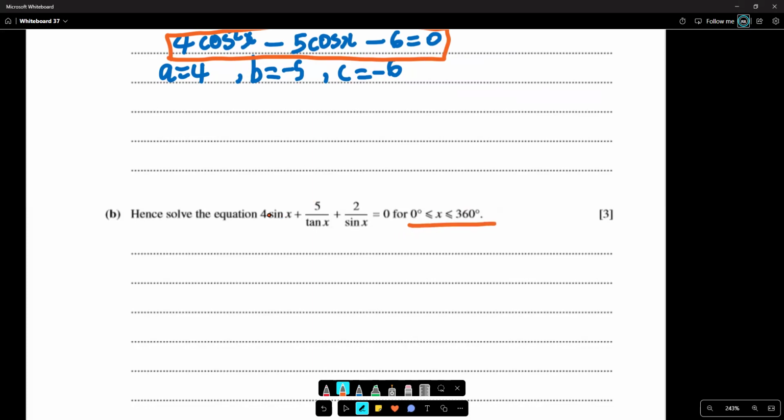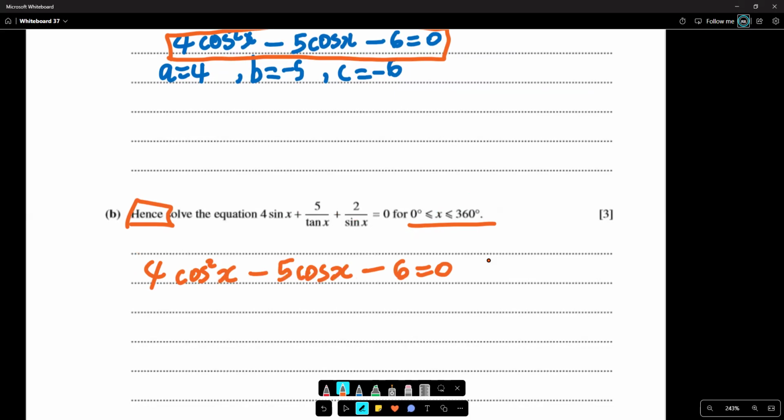This should be easy, ladies and gentlemen. We know that this guy is exactly the same as that guy because we proved it. That's why they said hence. So you have 4 cos squared x minus 5 cos x minus 6 equals to 0, because this and that are the same.